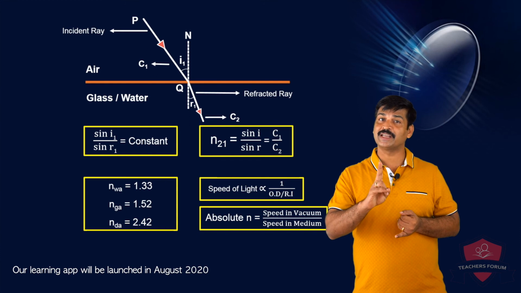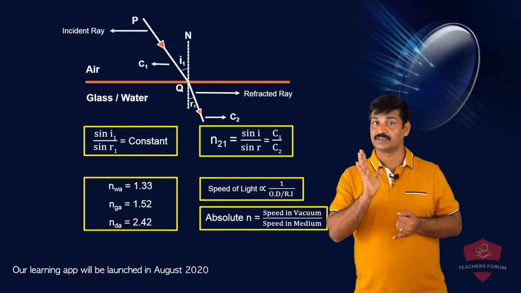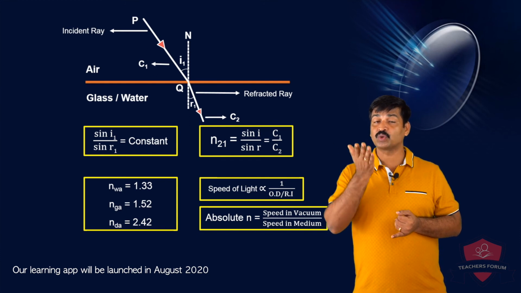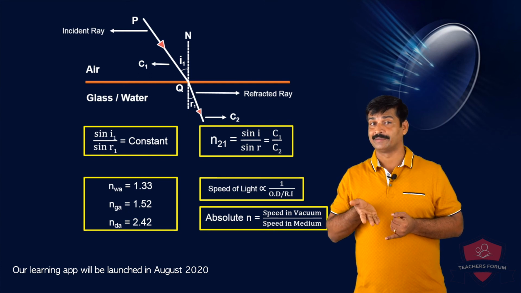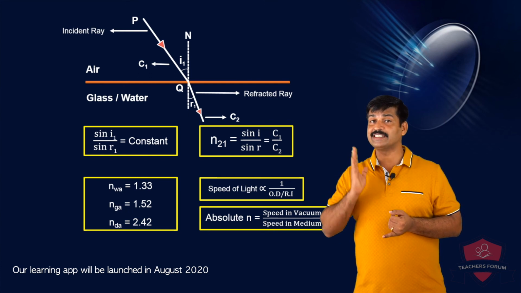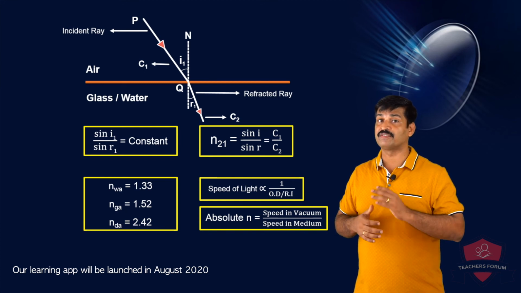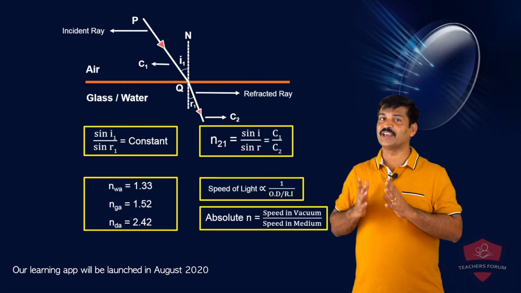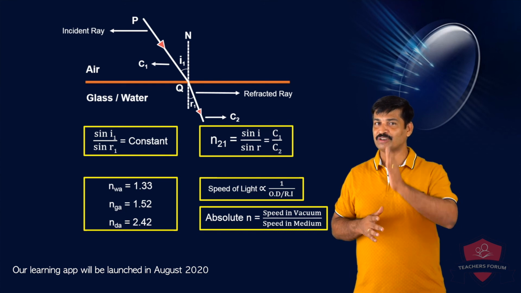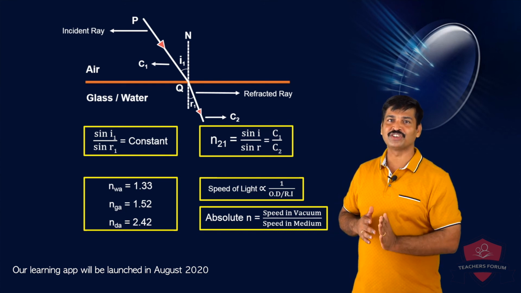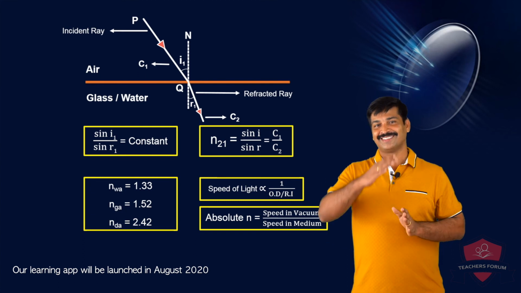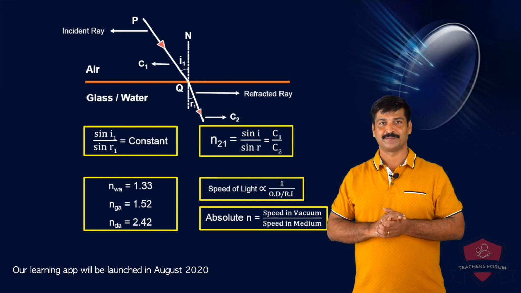Here refraction takes place at two surfaces, at the interface of air to glass, then glass to air. So at these two edges of the rectangular glass slab, bending of light takes place. This bending is equal and opposite. It is because of this reason that the emergent ray was parallel to the direction of the incident ray.